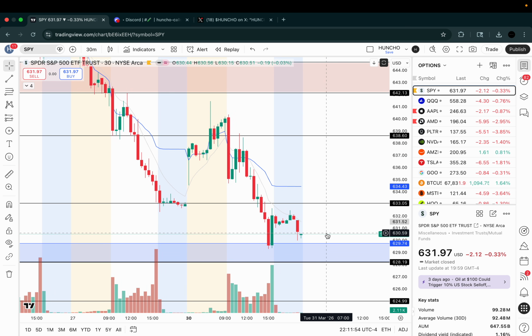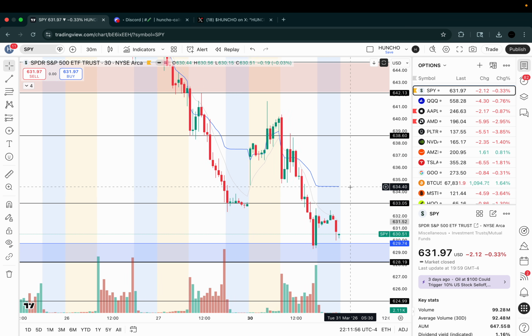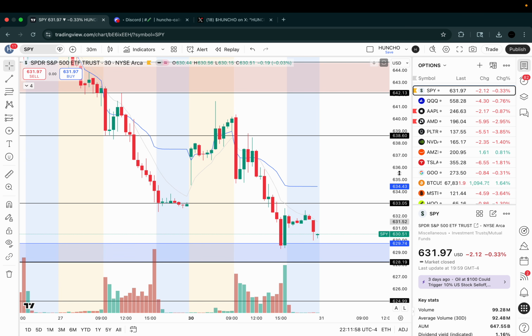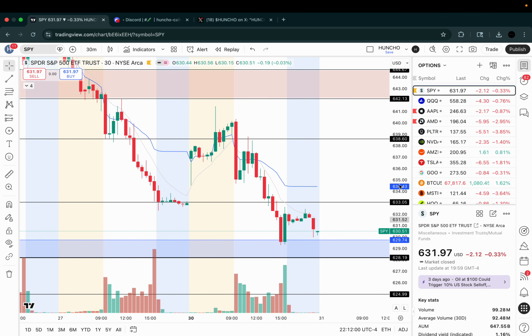And I did my study all the way back from even when we were back at 630 sometime last year, and was just looking at the areas of interest, what was going on around 630, and then just using them right now currently to see how price reacts now that it's retesting those areas again.